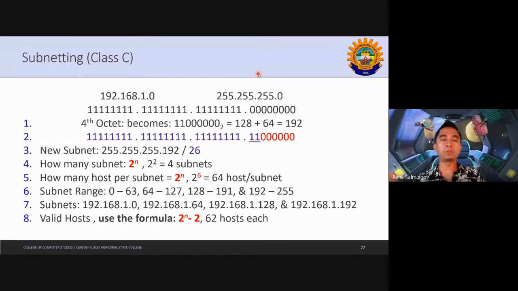Given 192.168.1.0, your default subnet mask would be this one.